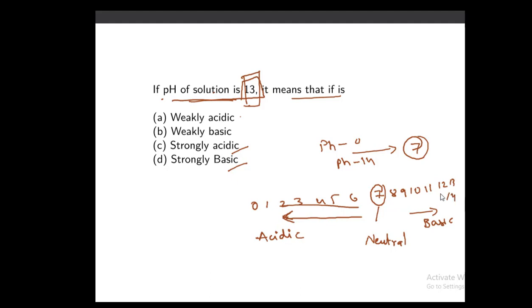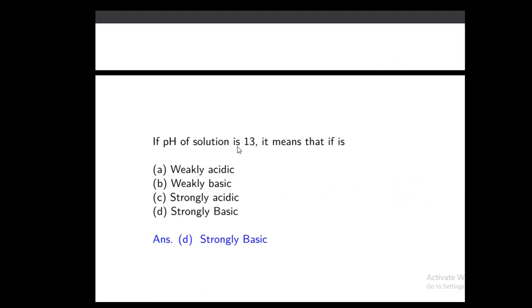So here when the number increases, the basicity of the solution increases. The highest basic value is 14. So here they are asking 13. So answer is strongly basic. Okay. So the pH of the solution is 13, and it means the solution is strongly basic in nature. Okay.